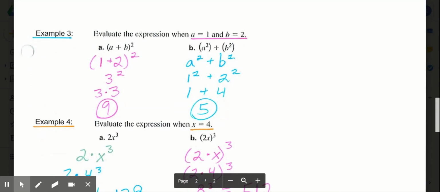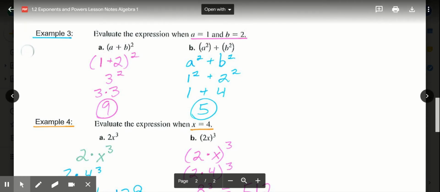Now a couple more practices with the grouping symbol idea. They're found here in example 3. So in example 3, they say evaluate the expression when A equals 1 and B equals 2. So I'm going to replace A with 1 and B with 2 before I solve these.